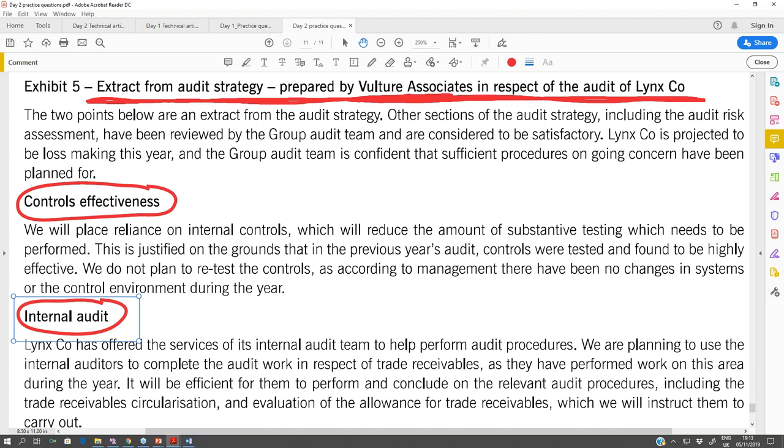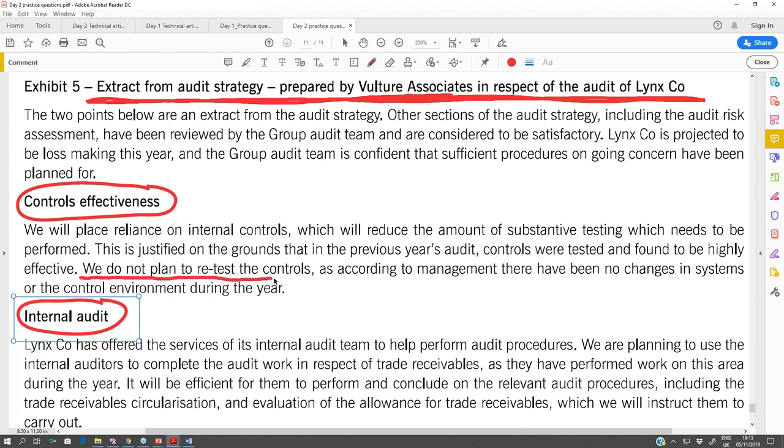So they want to place reliance on controls to reduce the substantive testing. This is justified on the grounds that in the previous year audit, controls were tested and found to be highly effective. So they think they can place reliance on controls and reduce the substantive testing because in last year's audit, controls were found to be very effective. We do not plan to retest controls. Look at this line very carefully.